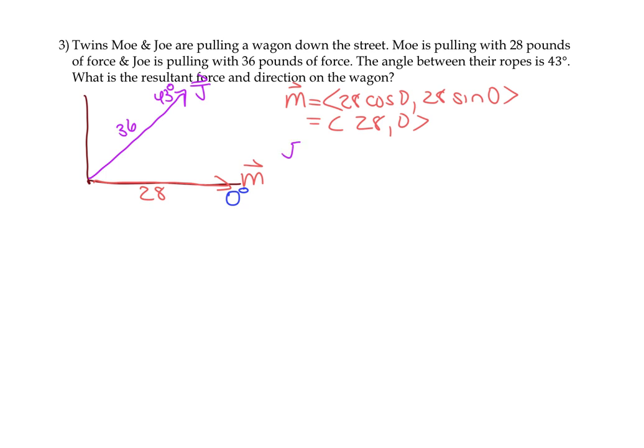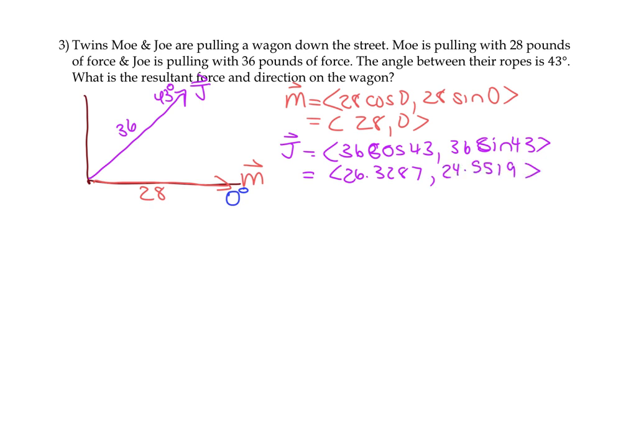Now we go to Joe, and he's 36 cosine 43 and 36 sine 43, and Joe's components are 26.3287 and 24.5519.